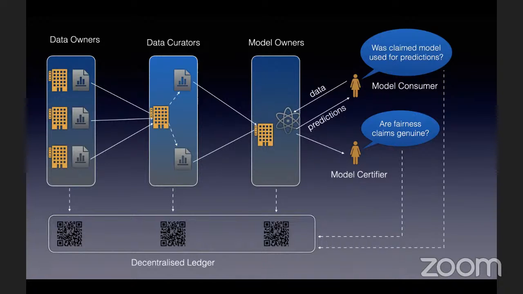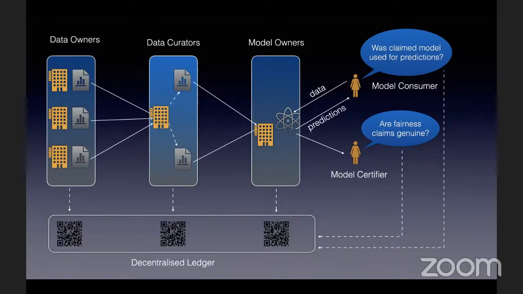So how do we do that, right? One way is, if all these data sets and models are out in the open, then we can verify simply by running the predictions against them. But that is a problem for the respective asset owners, right? So data owners don't want to leak their confidential data.